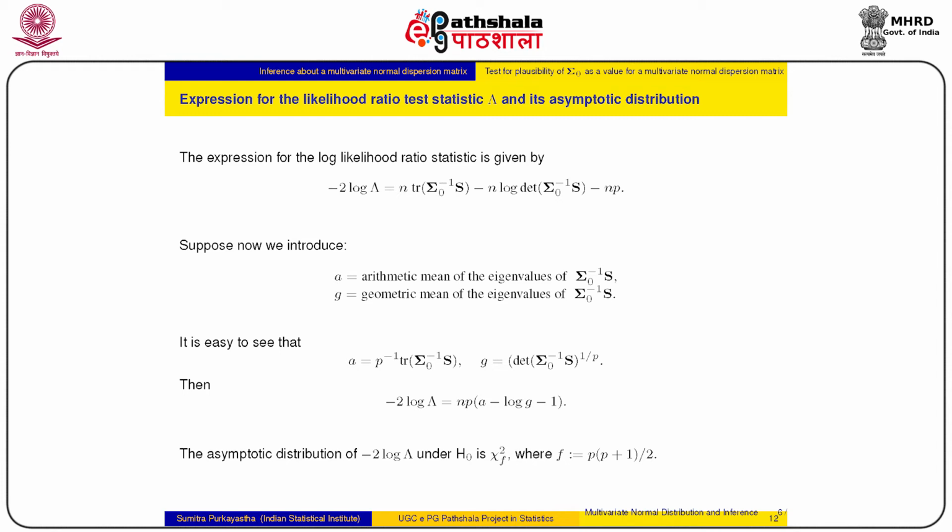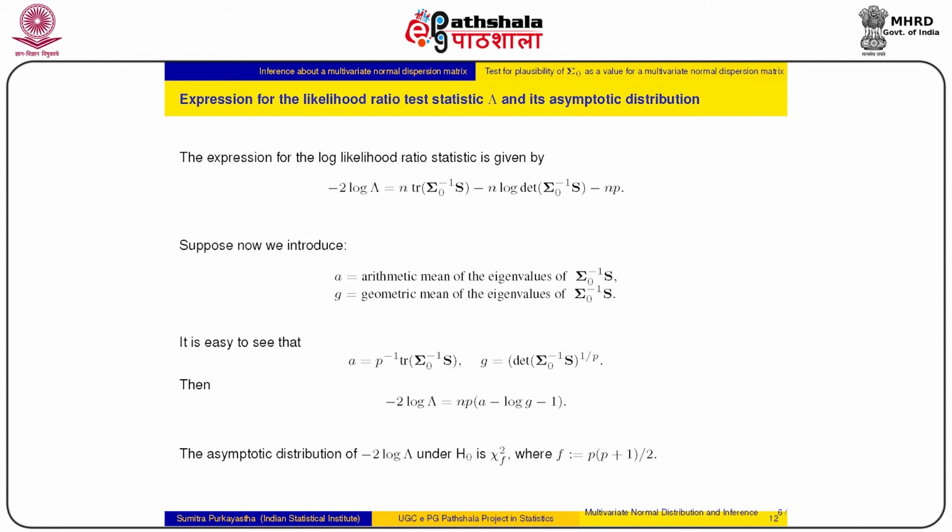let's recall the fact from linear algebra that trace and determinant are connected to the eigenvalues. The trace is the sum of eigenvalues, and the determinant is the product of eigenvalues. So we can immediately associate this expression minus 2 log lambda with the arithmetic mean of the eigenvalues of sigma naught inverse S, and the geometric mean of the eigenvalues of sigma naught inverse S, which we denote by a and g.